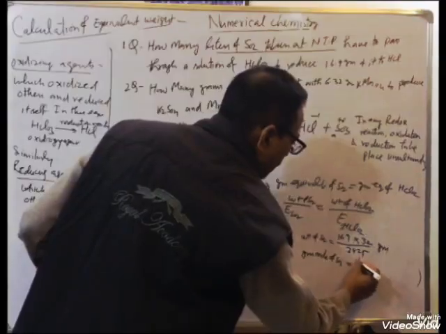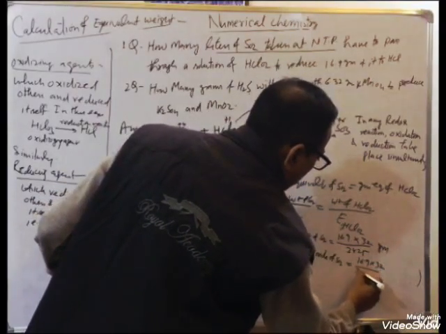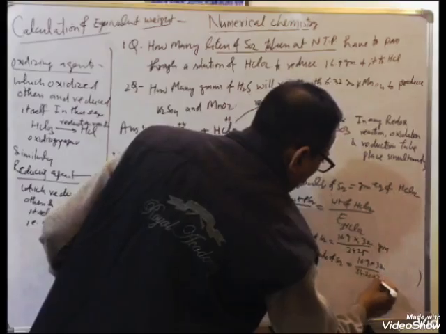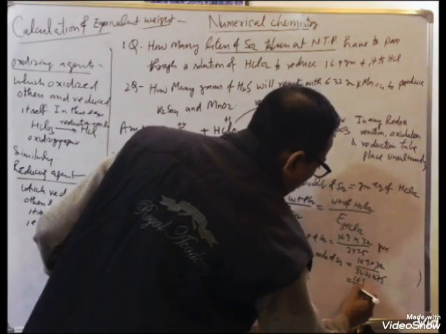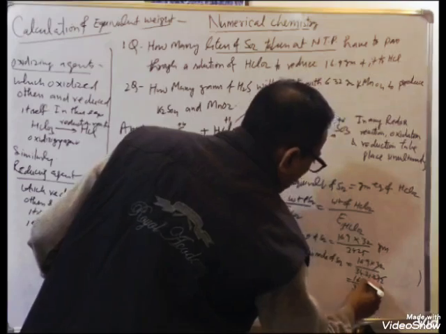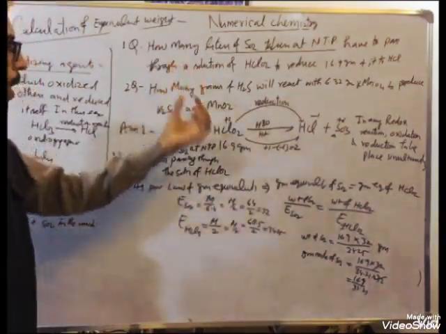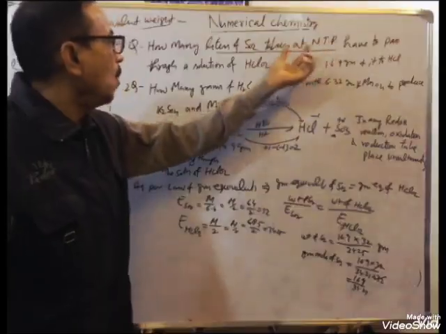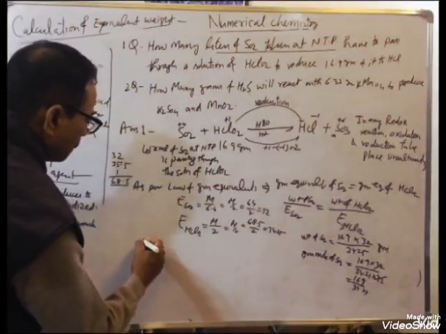So this will be 16.9 into 32 divided by 34.25 into 32, cut, that is 16.9 divided by 34.25. This is the gram moles, and you know 1 gram mole at NTP occupies 22.4 liter.